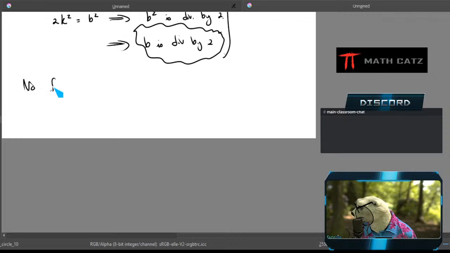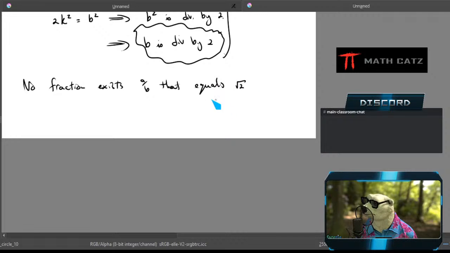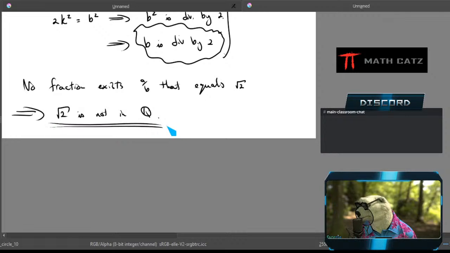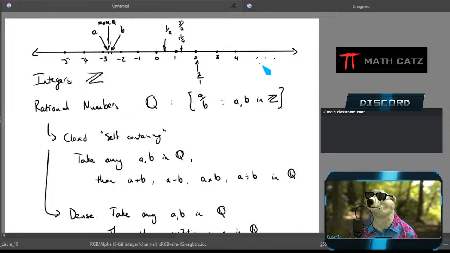No fraction like a over b exists that equals square root of 2, which means square root of 2 is not in this collection of rational numbers. Yet it is a number. It's not on this number line.